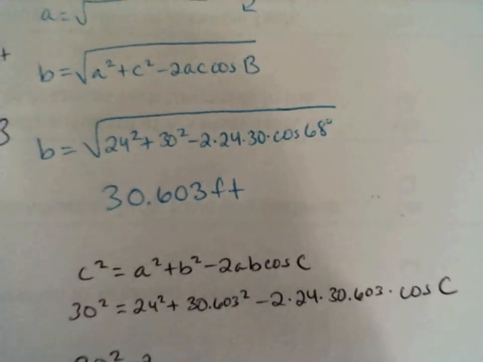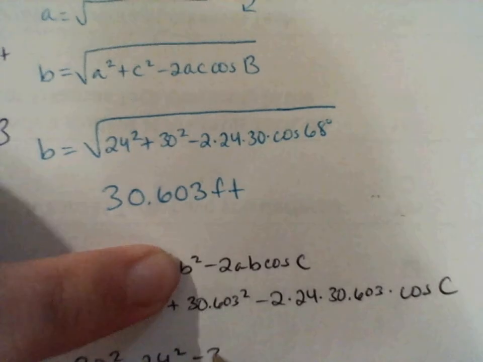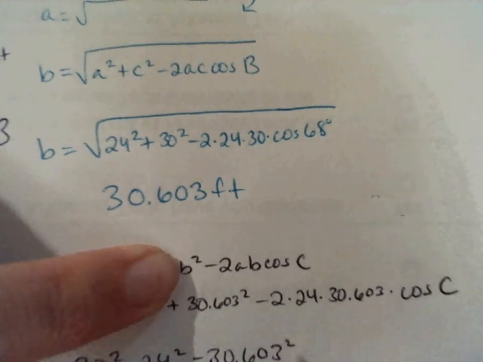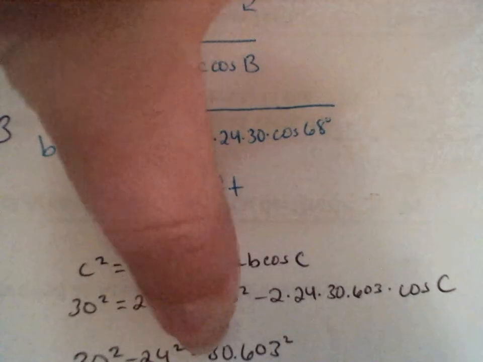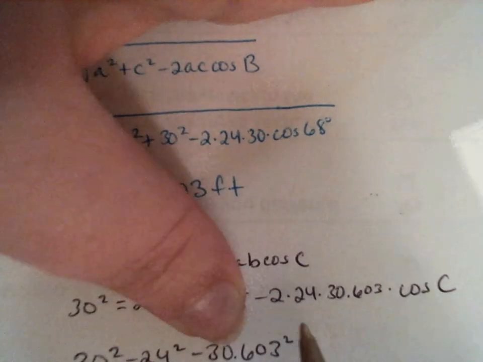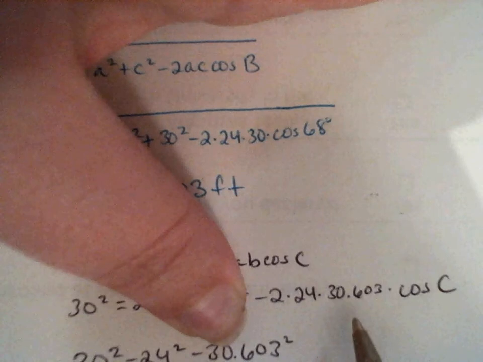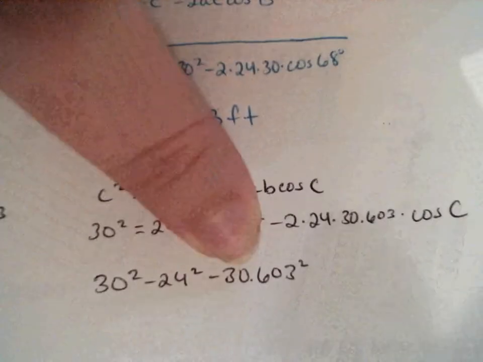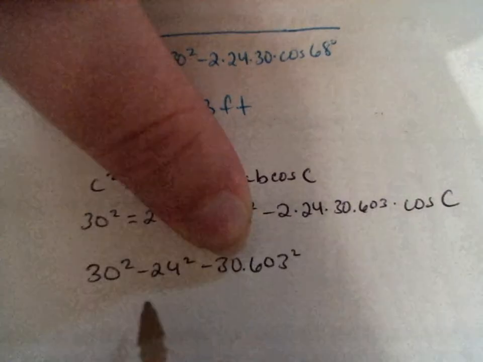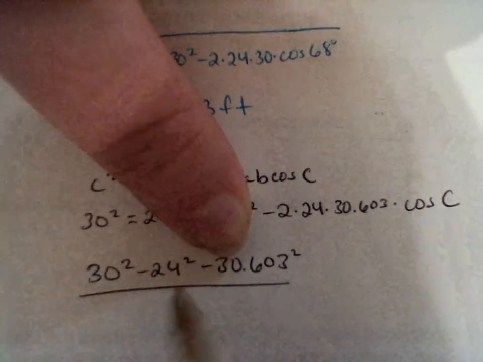If I want to solve for this, then all I would have to do is subtract 24 squared, subtract 30.603 squared. Okay, so I've subtracted those two, so they're gone, right? And then I'm multiplying all of this together, which means I would divide by everything except the cosine of C, which can't be divided.